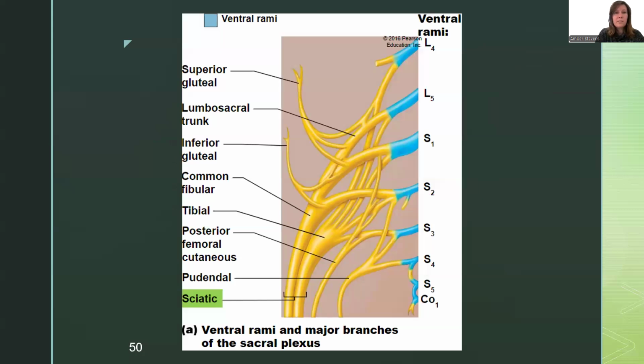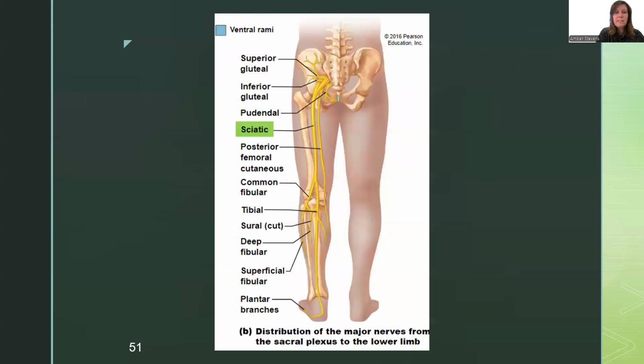And here is an image of where that sciatica, you can see highlighted in green, where that's located. And then you can see again how long that sciatic nerve is and where it's going and what it is innervating.